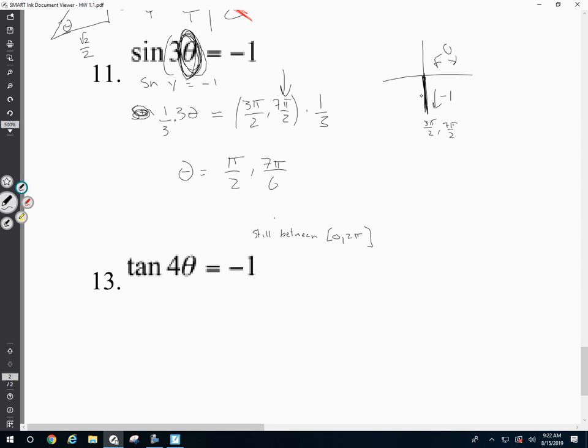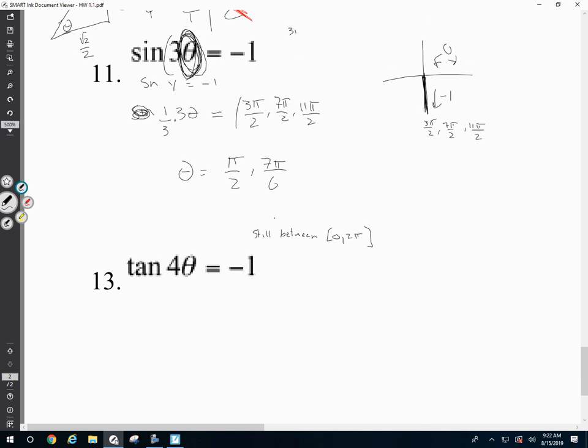So let's keep going. If this is 7 pi over 2, this is 8, 9, 10, 11 pi over 2. Let's see. If I start with 11 pi over 2, another way to get from 3 pi over 2 to 7 pi over 2 is just add 2 pi.